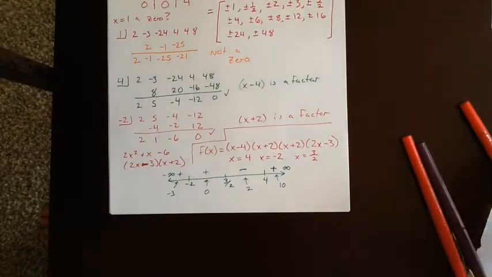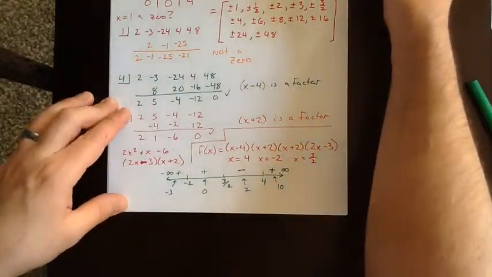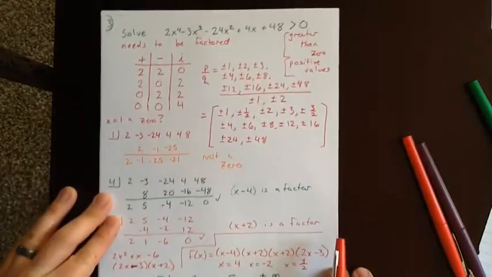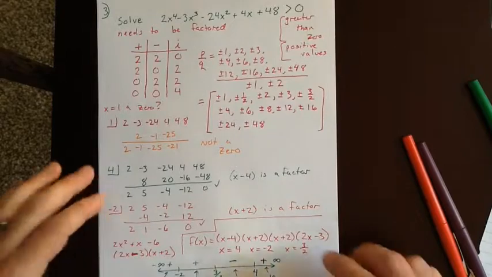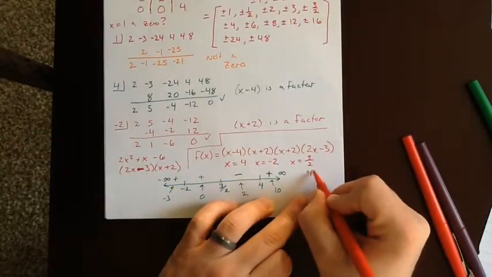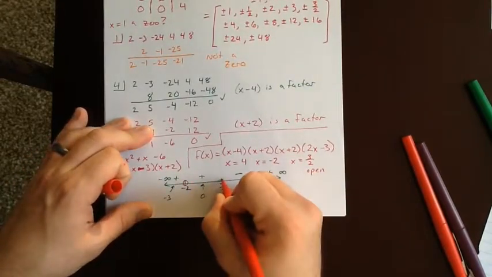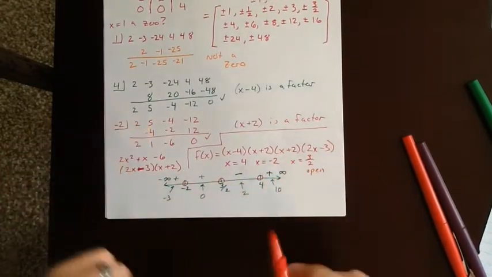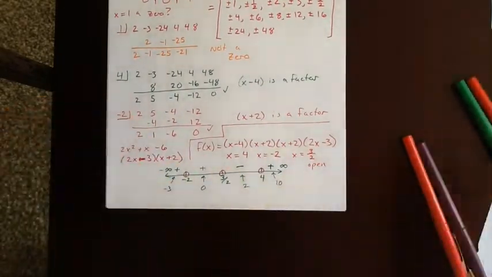Alright, so in this problem, paying attention back up top, we have just greater than. So I would have written it right here. We have open brackets at each of our zeros. That's going to make a difference, and you'll see why. We wanted positive values.